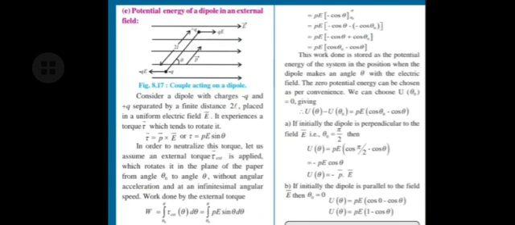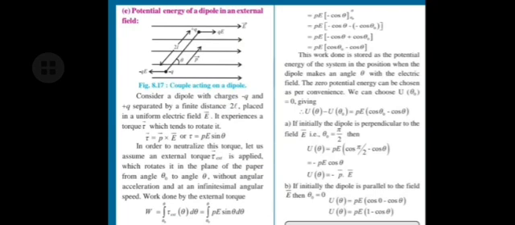So work done by the external torque is W is equal to the integral of tau external d theta, where theta is from theta 0 to theta. You can substitute the value of tau external because the torque is equal and opposite. So the value of tau is equal to the value of tau external.